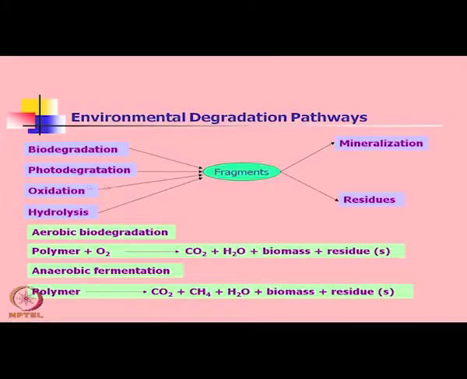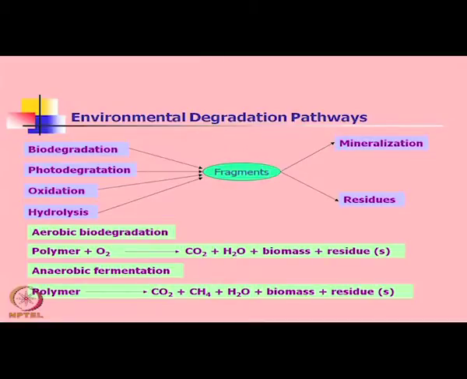These polymers can be degraded, or polymers can be hydrolytically degraded, or we can say chemically degraded, say by the presence of acids and alkali. These polymers can also be degraded. Now, after degradation by these agencies, the polymers will be broken into smaller pieces called fragments of a low molecular weight.